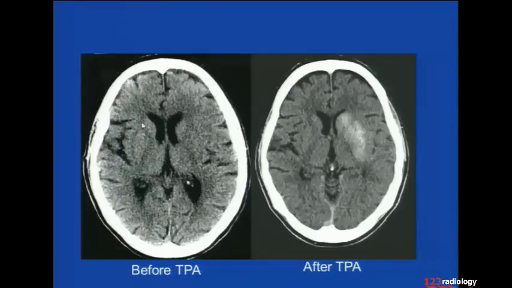It's due to the fact that this infarction is characterized by loss of normal endothelial function and also loss of autoregulation within the arteries in the infarcted territory. And as a result, the arteries may dilate and actually start to leak.